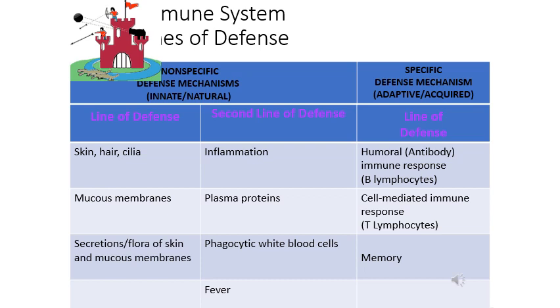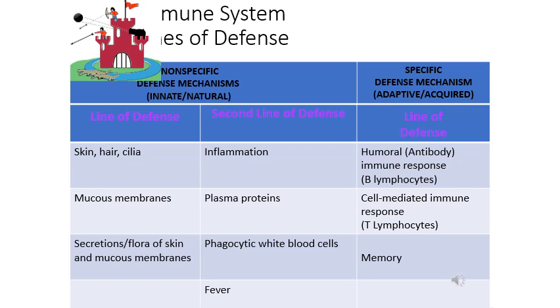The second line of defense is primarily our inflammatory process, and we know that with every response to trauma or illness or infection, the body will respond via the normal inflammatory response. We'll talk about that.